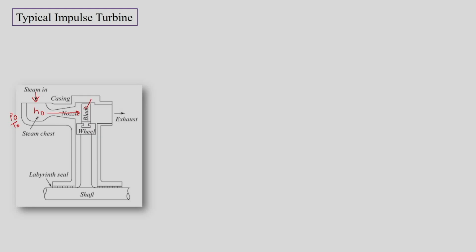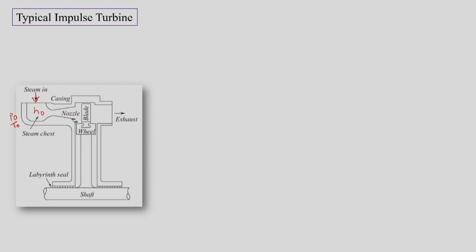So this is how we have a stage of an impulse turbine comprised of a nozzle and a moving blade. The nozzle is also called a stator and the moving blades are called a rotor. So a stage is comprised of a stator and a rotor, or a nozzle and a blade. This is the typical condition in the case of an impulse turbine.